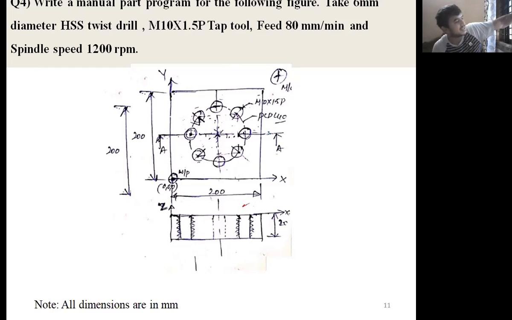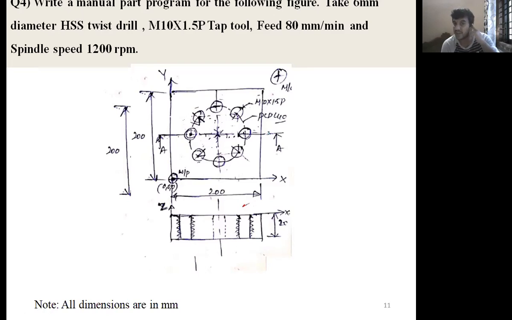Always consider the bottom left corner as the origin. See, the bottom left corner is the origin. Now you can see the cursor here. This will be the origin of the workpiece, X0, Y0, Z0.